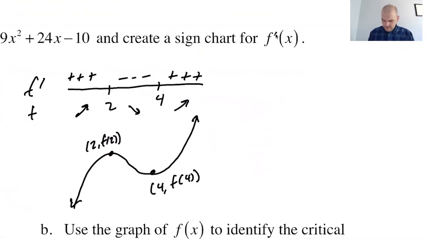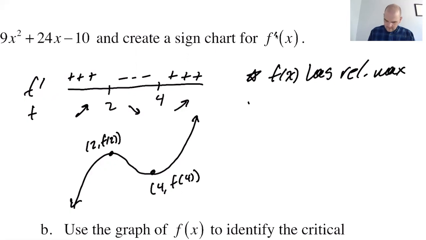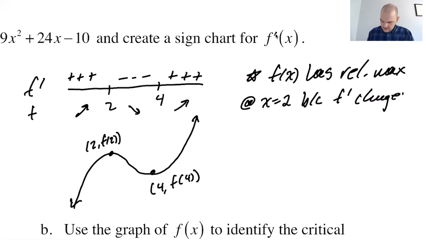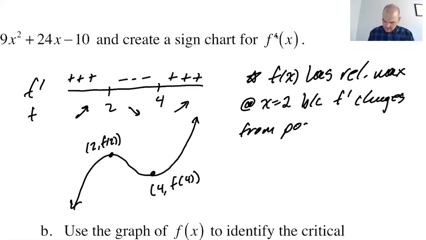It's not really a part of the problem, but f of x has a relative, or local, maximum at x equals 2. And why is that? Because f prime changes from positive to negative at x equals 2.